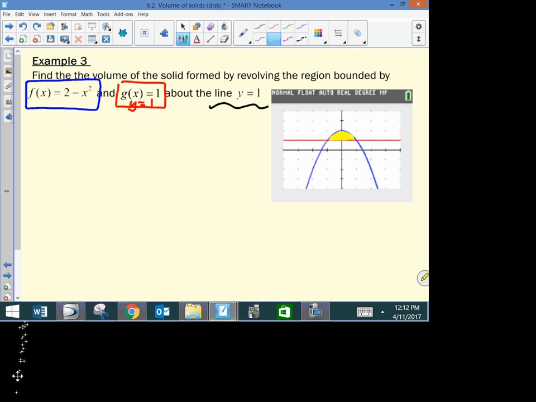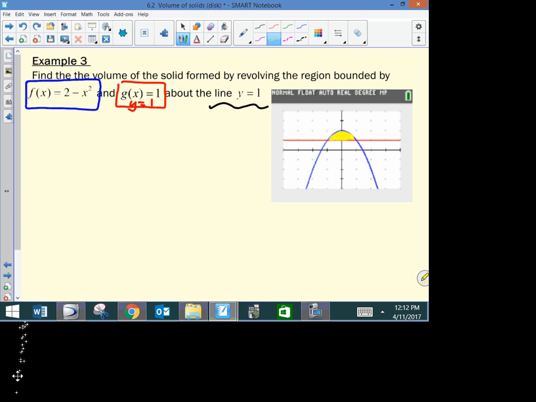Your y-axis is not a boundary, so you want to divide it there. How come the bottom is... Well, because it's not bounded. It would just go on and on and on. We couldn't find it. It has to be bounded. What's the area between the red and blue? That's what you're asking yourself.